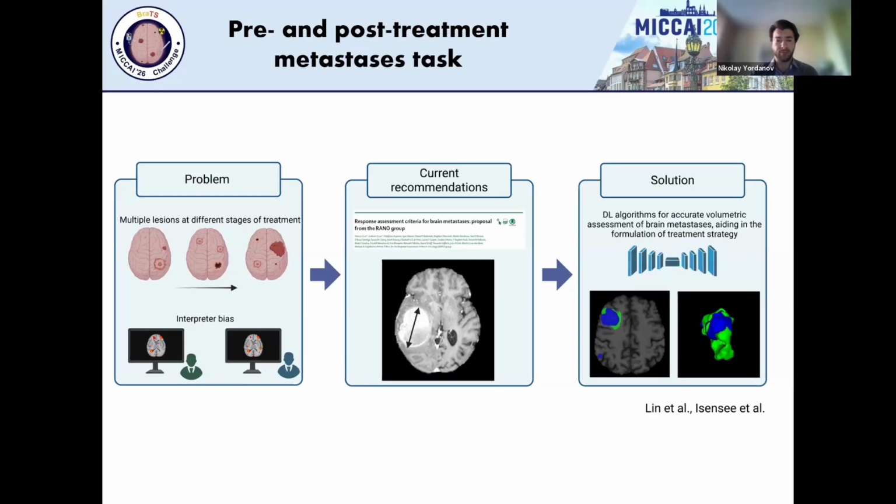And the RANO BM group emphasizes the need to conduct research, which is what we are doing right now, to develop such models for volumetric measurement and assessment of brain metastatic lesions and brain tumor lesions in general.